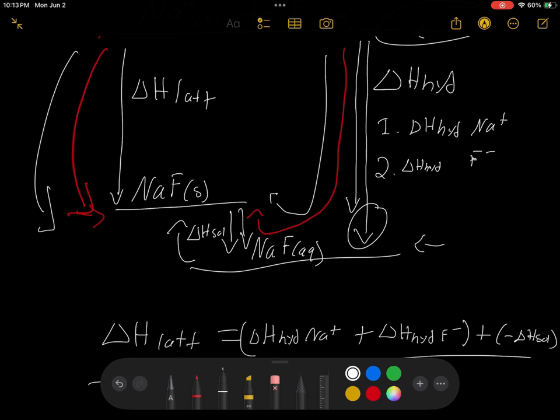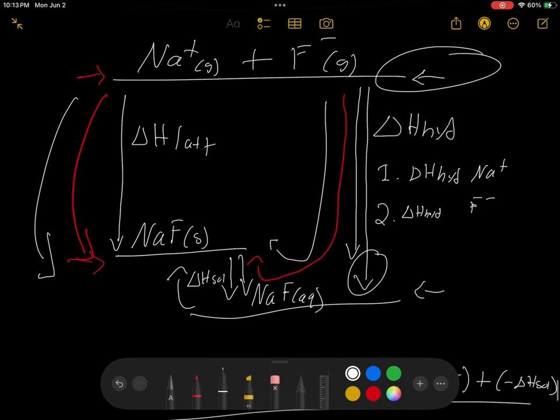So let's say you didn't know which direction to point that arrow. If I had mistakenly drawn this arrow going up, that would have placed this platform here. So when I'd be following this other path, I'm still going against the enthalpy change of solution.